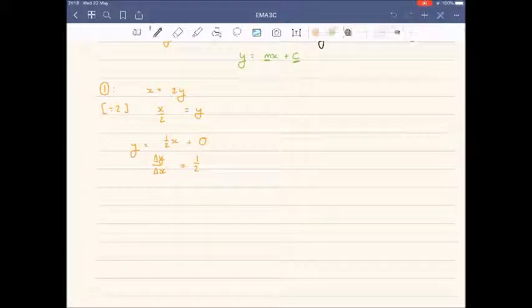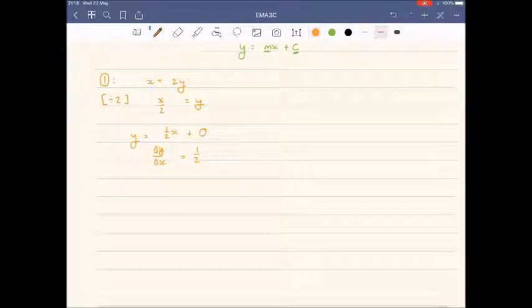You could technically plug in almost any value here and just solve it. So I could plug in x equals 50 and just find out what the y is, but I want to try and make it easy for myself. So I'm going to plug in y equals 0. If I let y equals 0, I have 0 is equal to a half x.